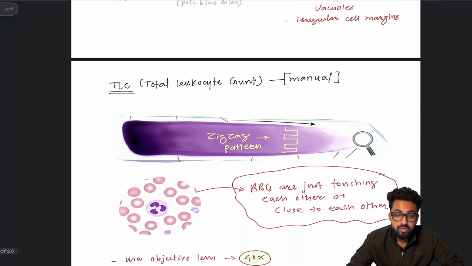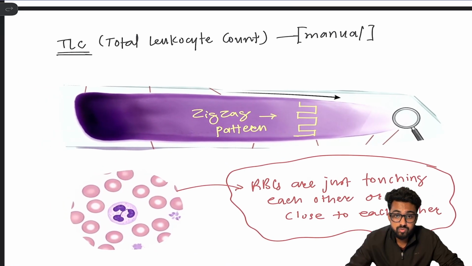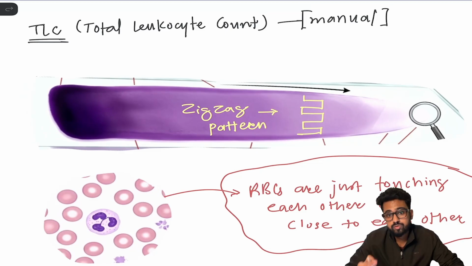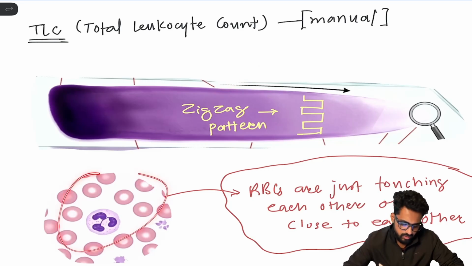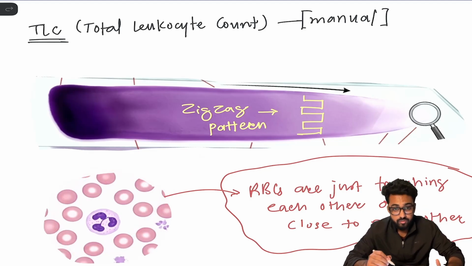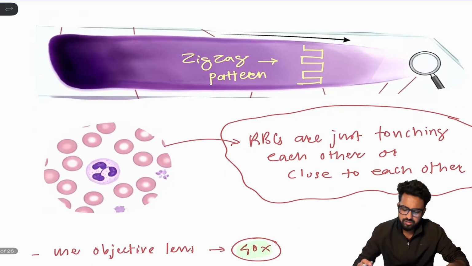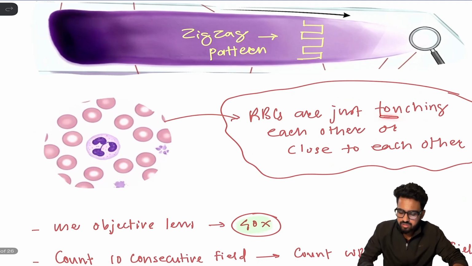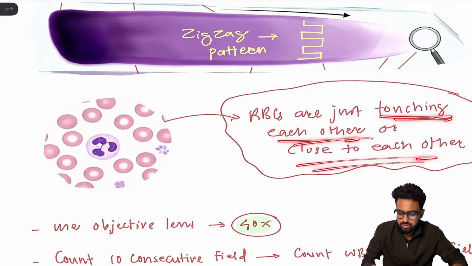So next we will see how to manually calculate total leukocyte count on peripheral blood smear. So this is your ideal smear, and how should you first find out this area? As I said, this is the monolayer area where RBCs are just touching each other or close to each other.